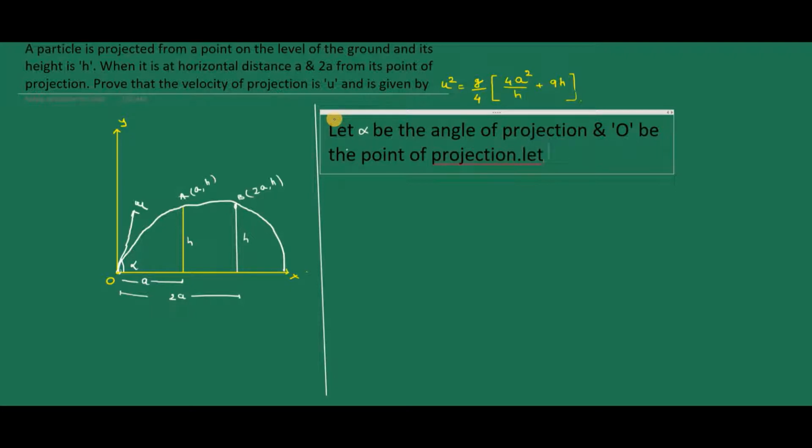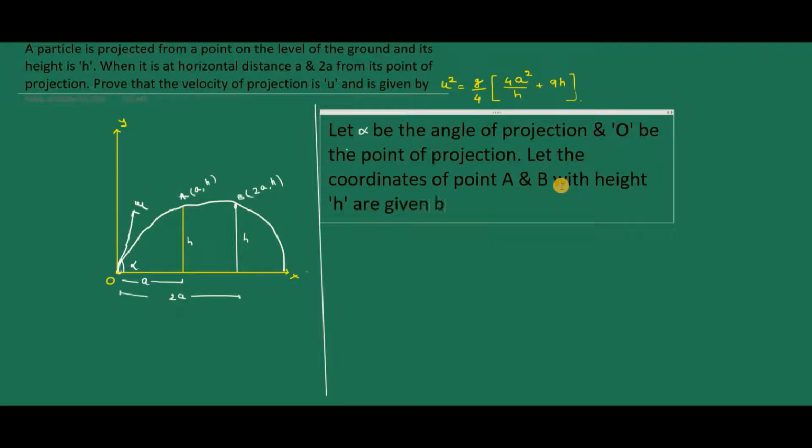Let the coordinates of point A and point B with height h be given by bracket a comma h and bracket 2a comma h.